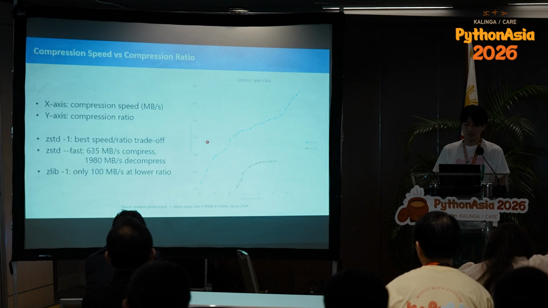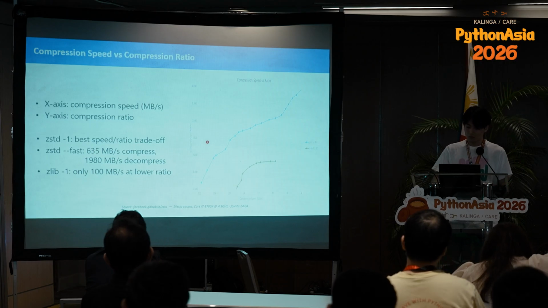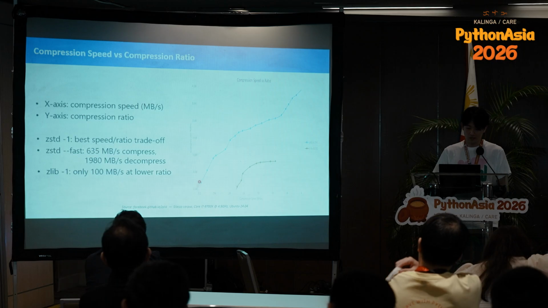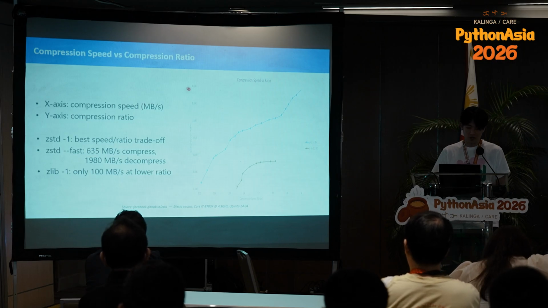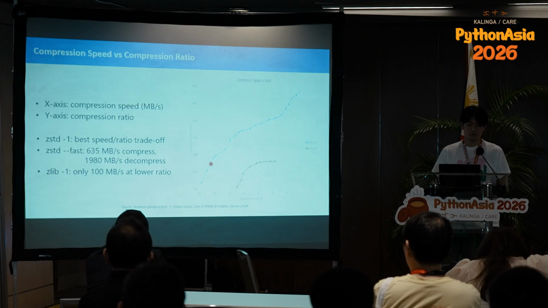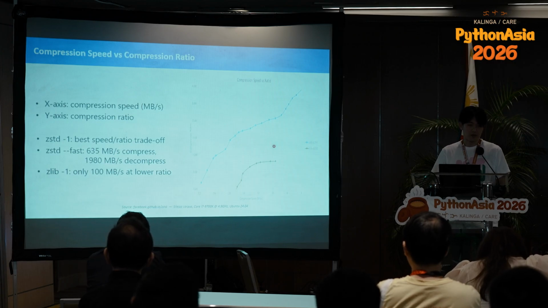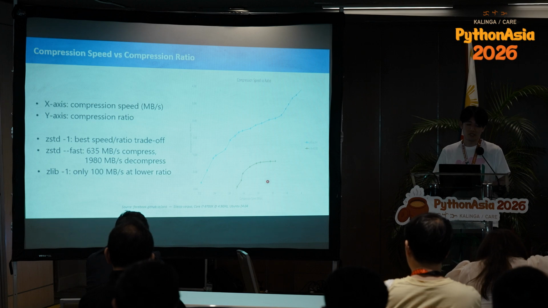Let's compare these algorithms more deeply. This graph shows compression speed and compression ratio. The horizontal axis means compression speed, and the vertical axis means compression ratio. The blue line means Zstandard, and the green line means zlib, which is almost the same as gzip.